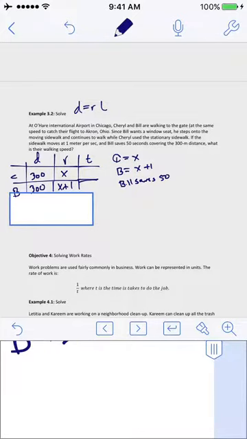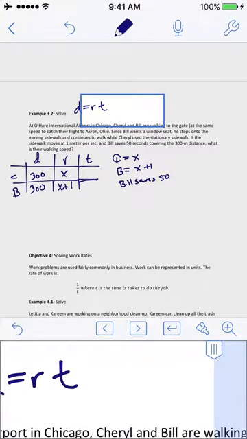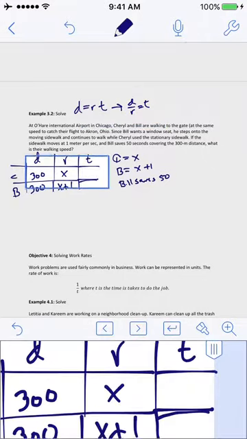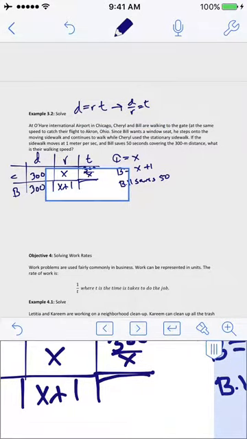So let's just create that same kind of equation. We know if distance equals rate times time, then distance over rate is equal to time. So for Cheryl, that would be 300 over x, and for Bill, that would be 300 over x plus 1.